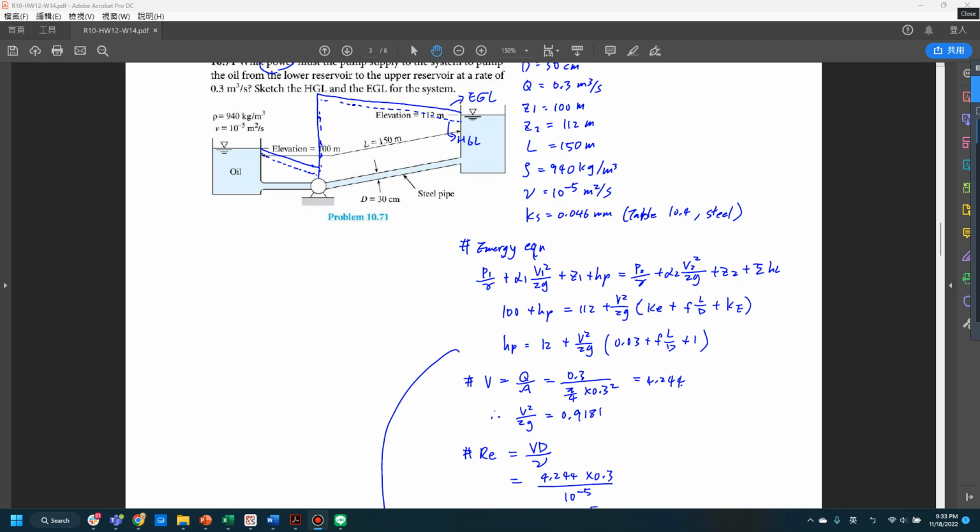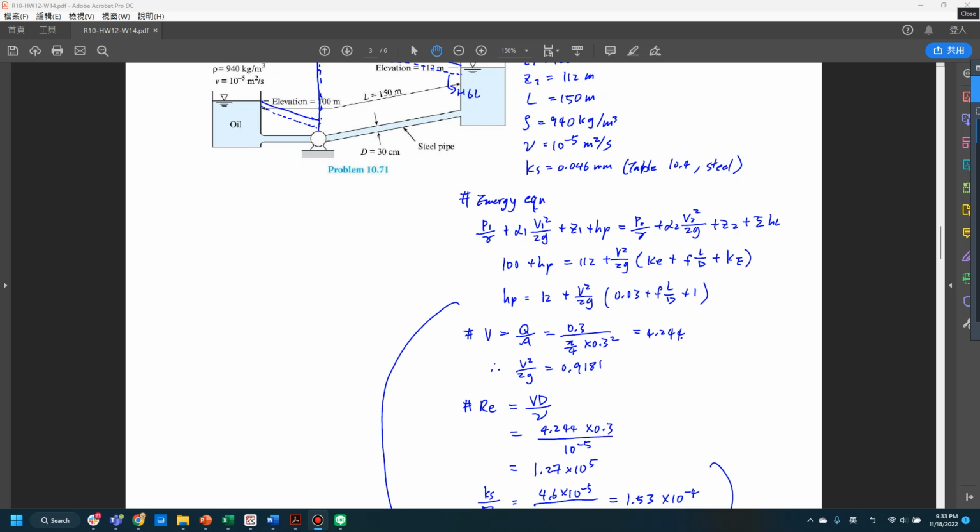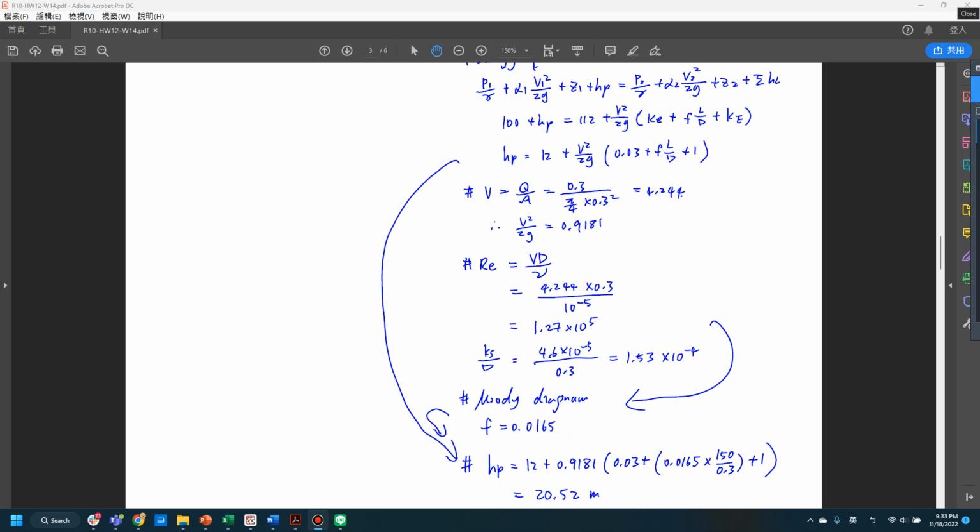Okay, the velocity can be calculated easily using the flow rate and the cross-section area, as I show on the screen here. So the velocity term here will equal 0.9181. So let's go back to this factor f. To solve that, we will need to use the Moody diagram.